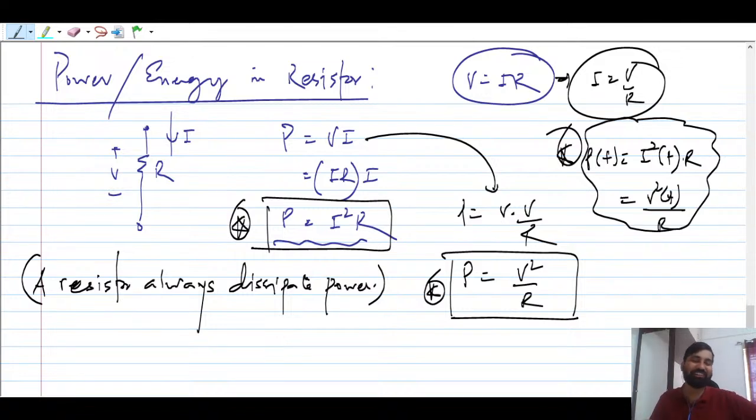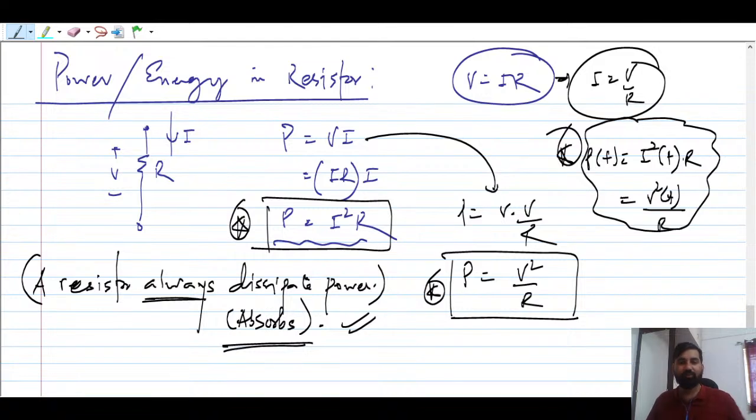I used to teach these concepts to my friends. So a resistor always dissipates power. If you talk in terms of absorbing or delivering power, a resistor absorbs; it does not deliver the power. It dissipates the power always. Always is the important word here. So please remember this. You will get it in the form of heat.